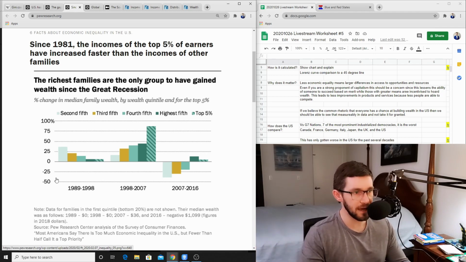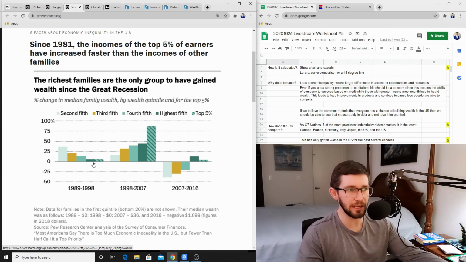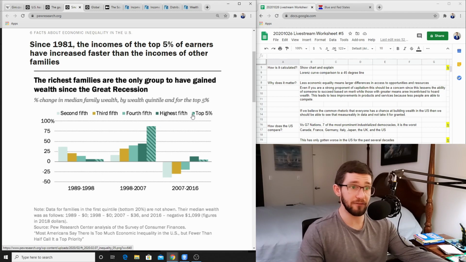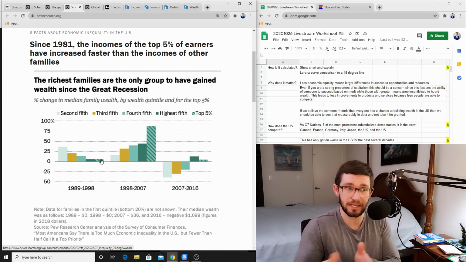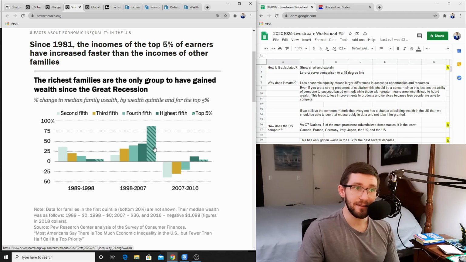And when we're looking here, what we can see is that we have the top 5%, right? This is how much they've gained in wealth during each time frame. And we can see the top 5% gained 75% in wealth during this time period.